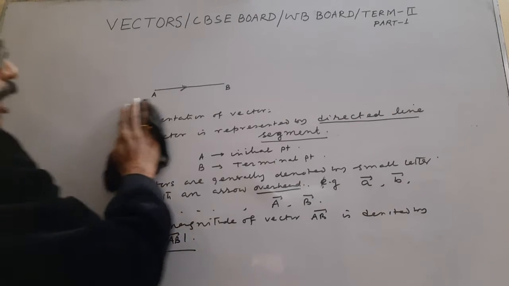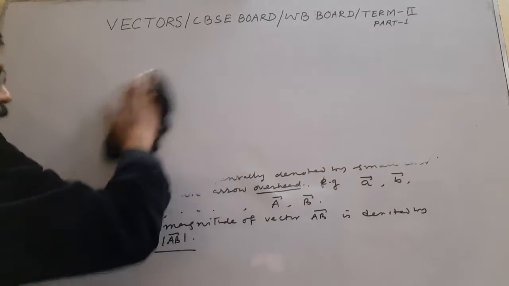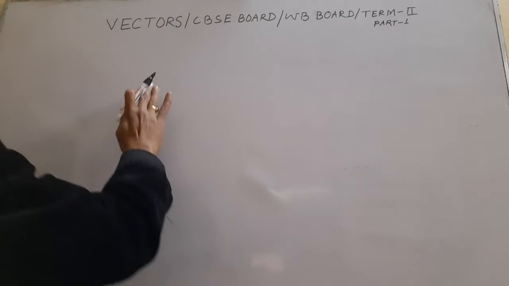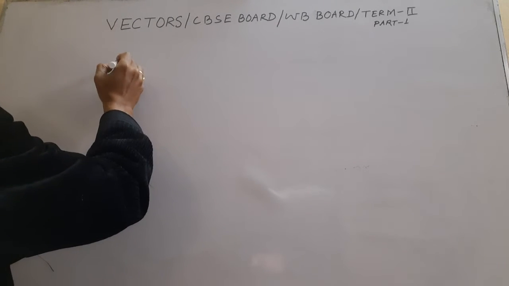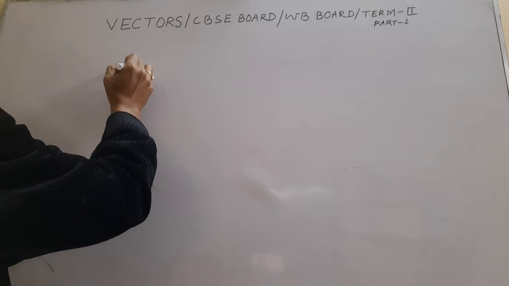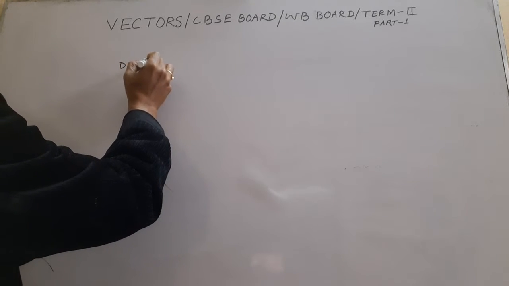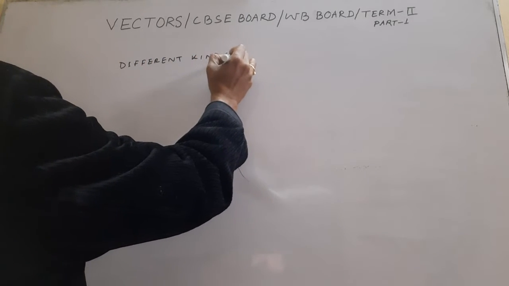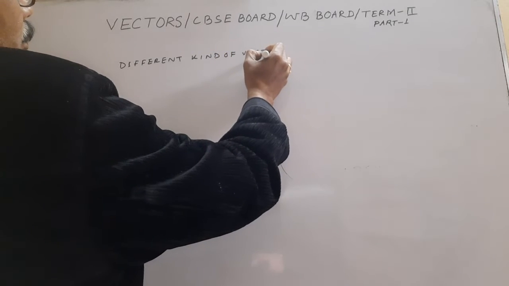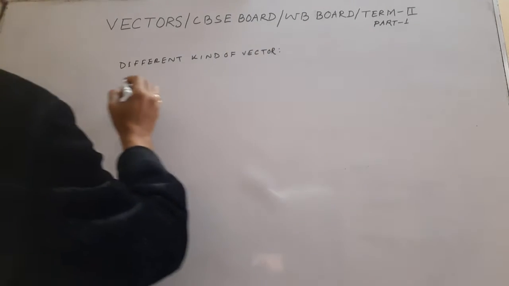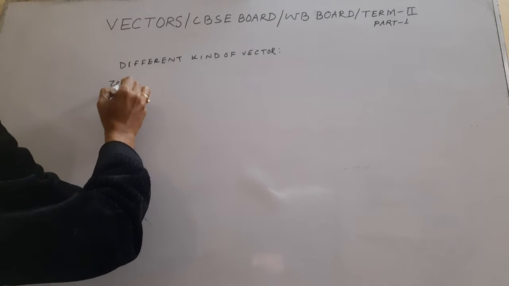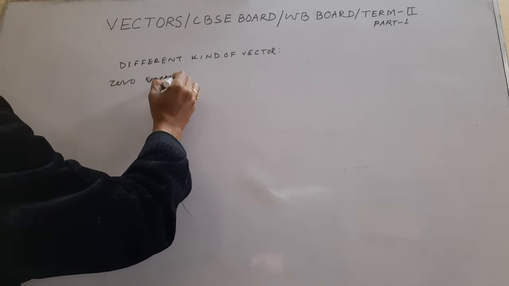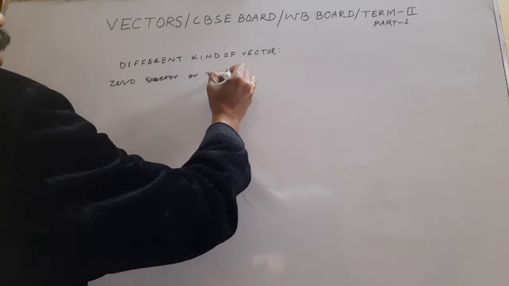Now, different kinds of vectors. In your syllabus it is mentioned: different kinds of vectors. Zero vector or null vector, all of you know it.